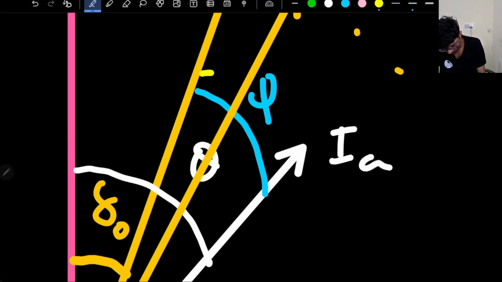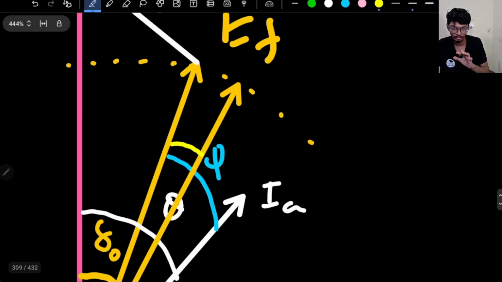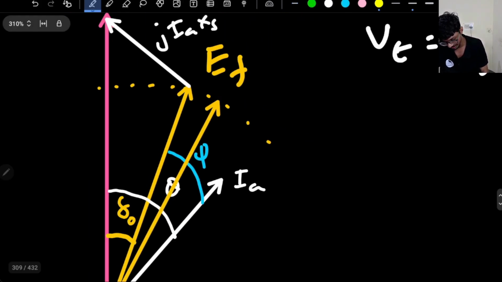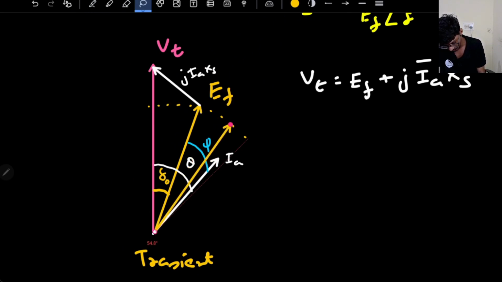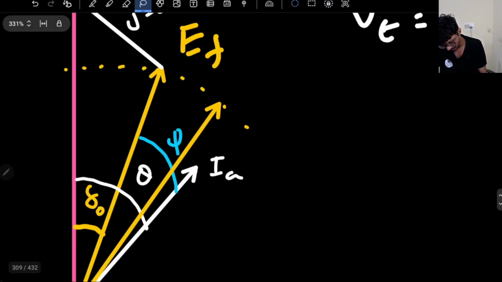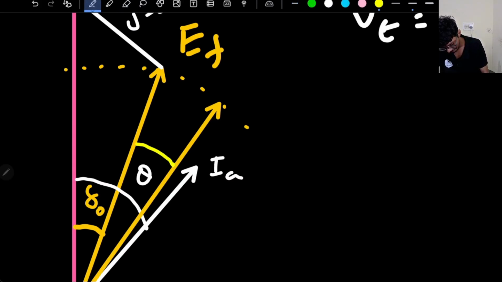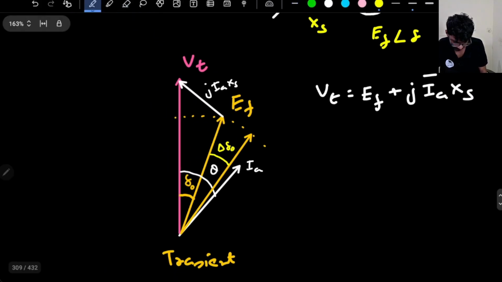I will increase the angle so that you are able to understand it better, because I want to make it more obvious. So let me delete this angle. This will be actually delta naught.